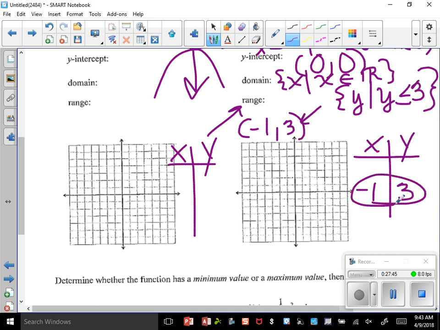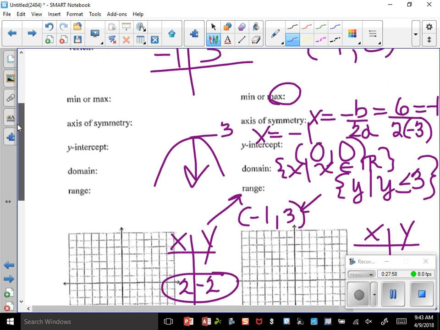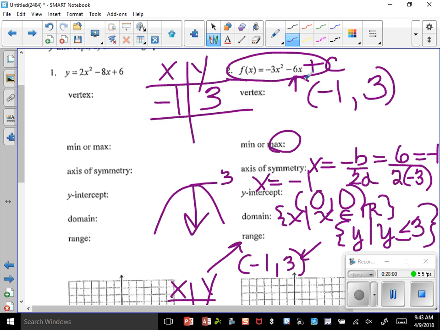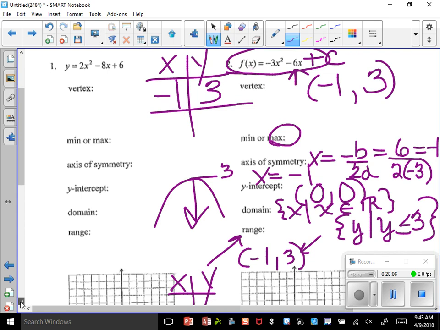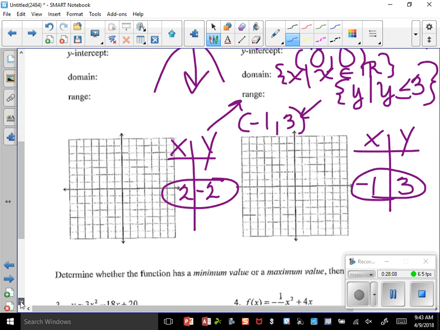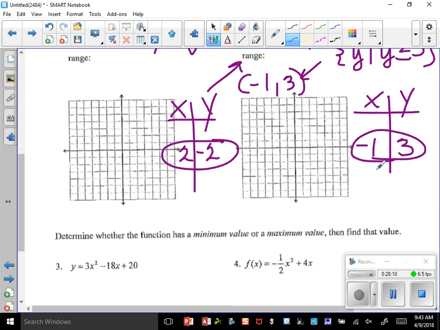What was the vertex to the first one? 2, -2. So we'll put the vertex in the middle and circle it. Since we already have this one in already, go to your table. Since you already have the second one there, you're going to find this vertex point first in your table.